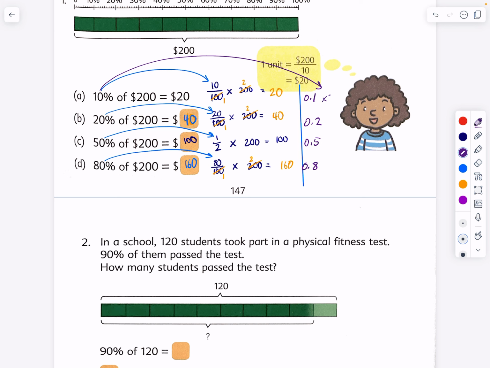Now, of 200, of 200, of 200, of 200. If you do the math, you will come up with exactly the same answers. Again, there are two ways to think about it. You represent percentage as a simple fraction, or you can represent percentage as a decimal.